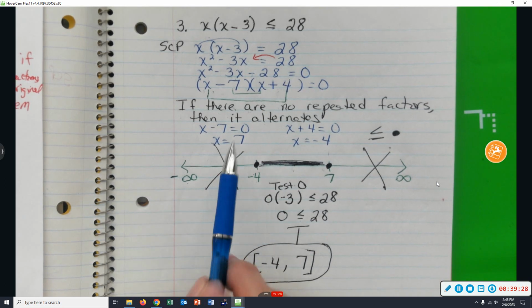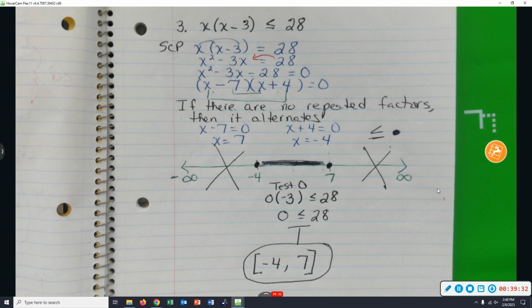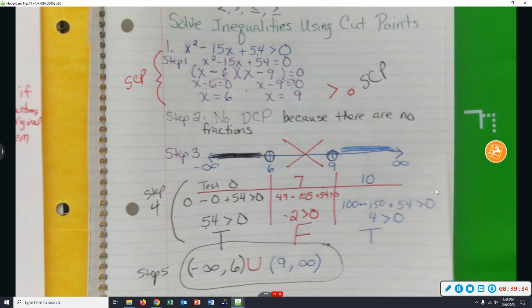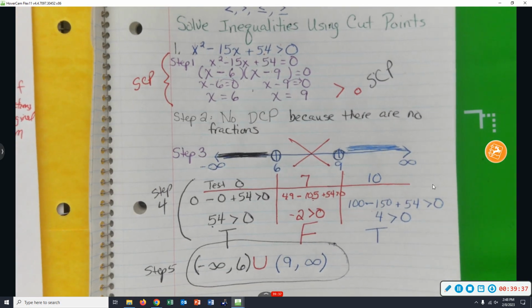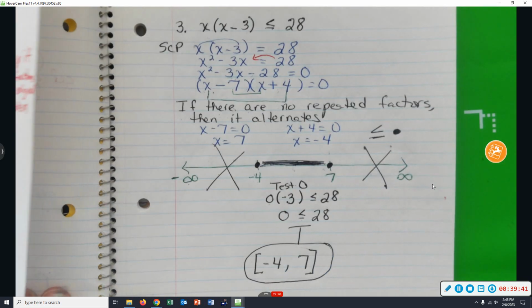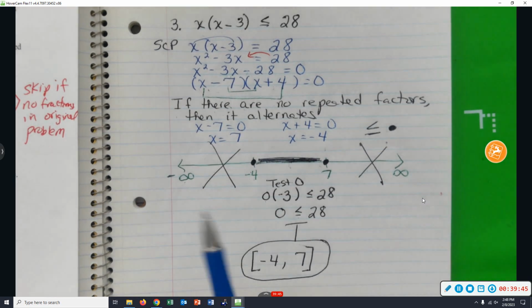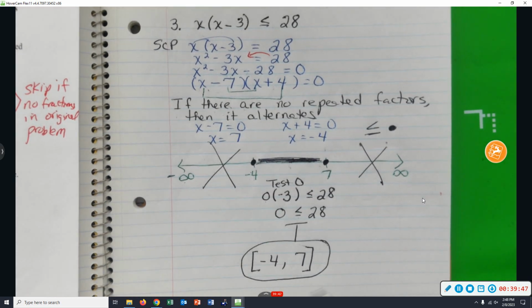So do these numbers. But you don't need to test every interval the way I did on the first one. But you can if you want to. And if you're going to only test one interval, you better make sure you test it correctly. I found that students seem to mess up more often testing every interval than testing one interval, if they're testing with a number that's easy to use.